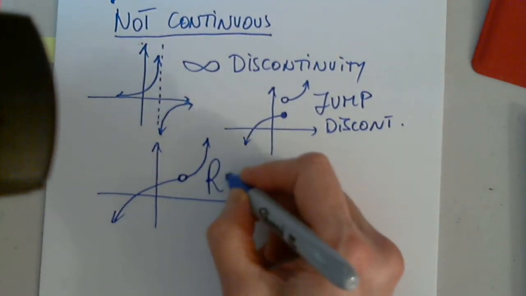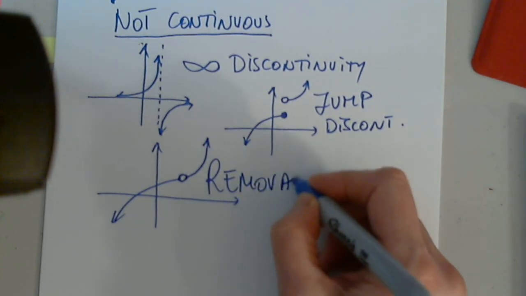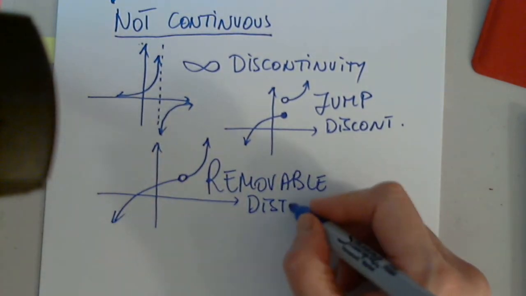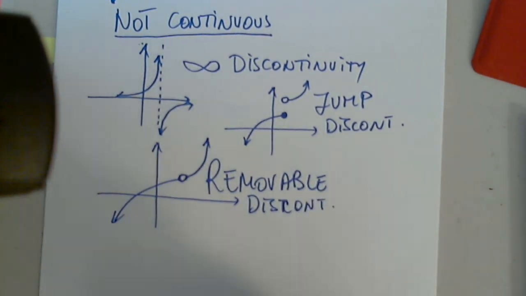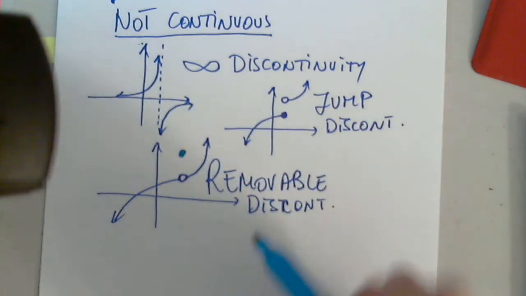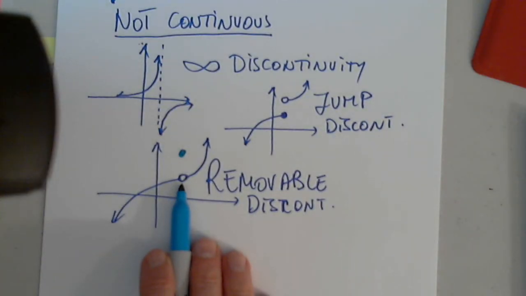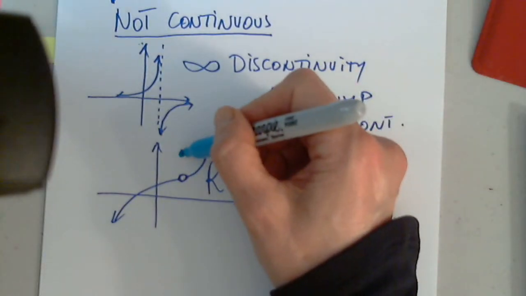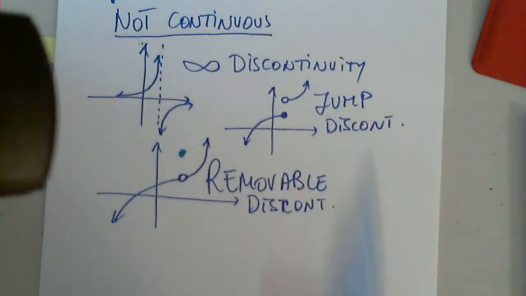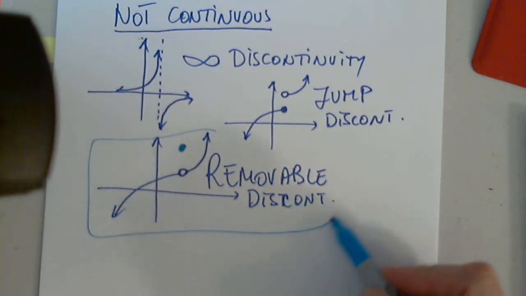This is called removable discontinuity. So this, or it could be like this. Either the function is not defined at that point, or it is defined, but at a different point. Both situations, this, or with a point defined somewhere else, not here, it's still a removable discontinuity.